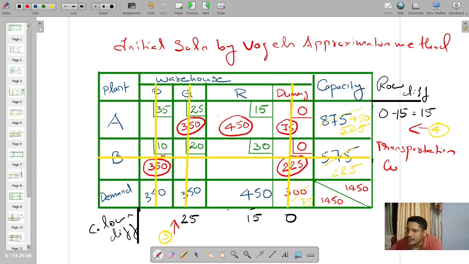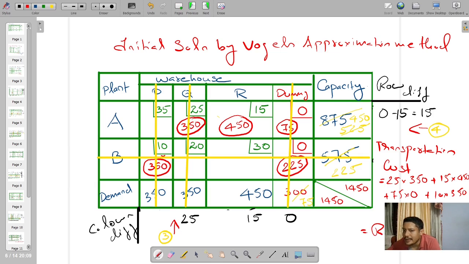So the transportation cost will be equal to 25 into 350 plus 15 into 450 plus 75 into 0 plus 10 into 350 plus 0 into 225.